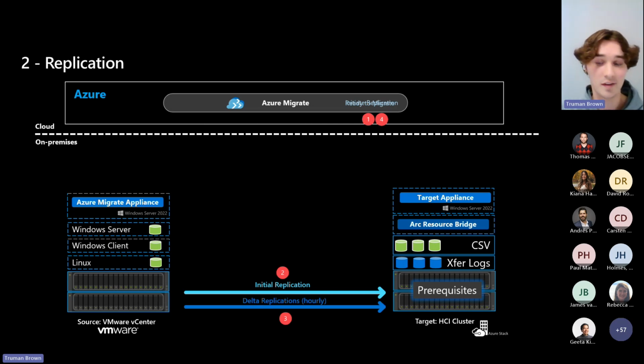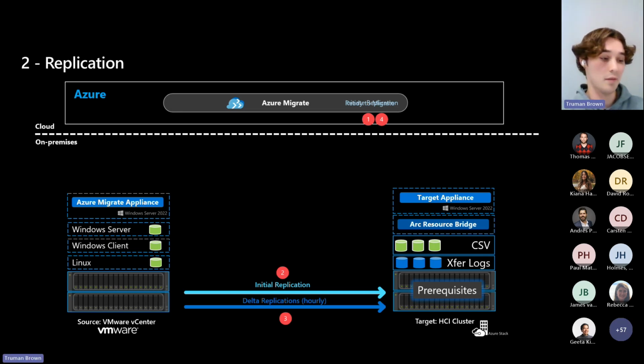So the first step in this is initiating replication. What happens here is the user selects initiate replication with the selected VMs that they want to replicate. You can choose as many as you want during this process. And then the longest step happens here, which is initial replication. What this is, like I was talking about, is actually copying over bit by bit the disks associated with all of your VMs along with transfer logs.